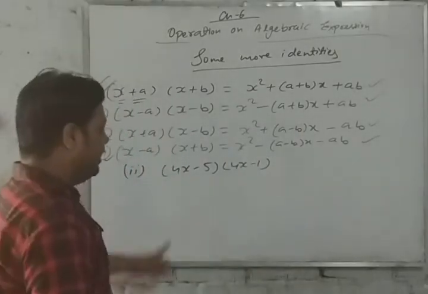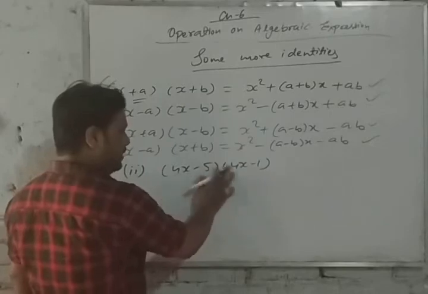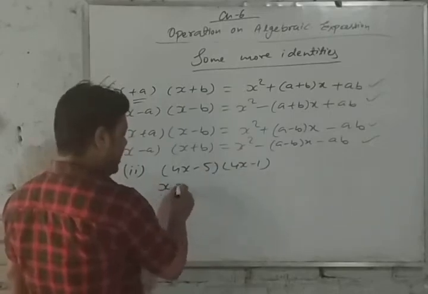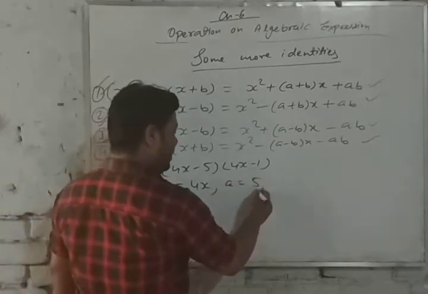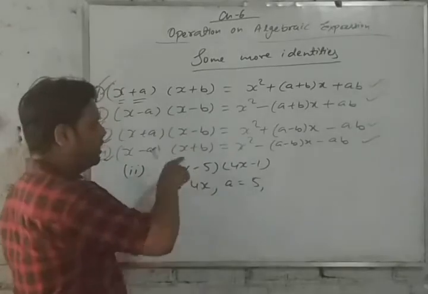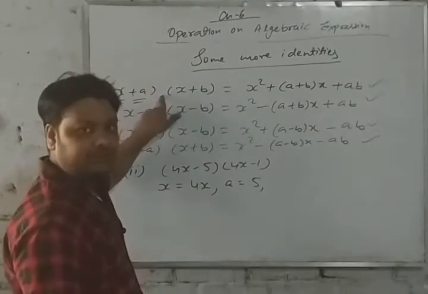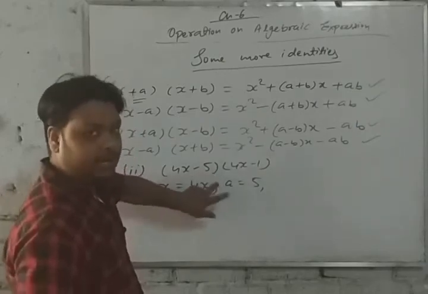Okay. Now here, instead of x, the value of x is also changed. So we will write x is equal to 4x. A is equal to only 5. We will not write the minus sign if you are using the formula. If you are applying only the first formula, then you will write the value of 5 as minus 5. But here we will not write it.